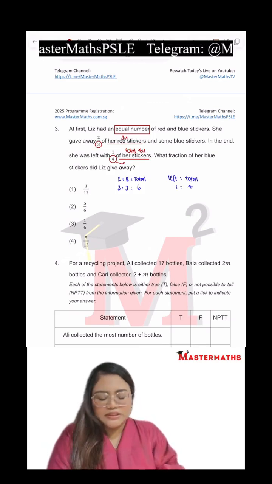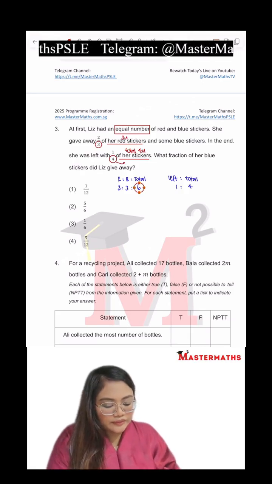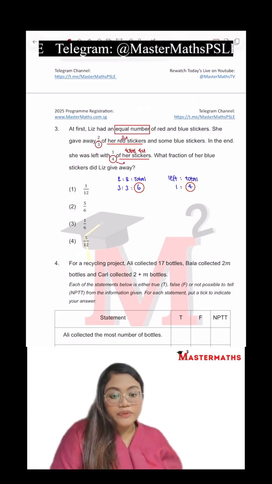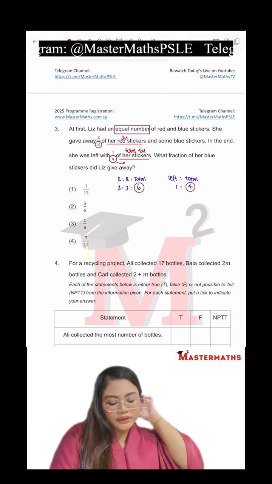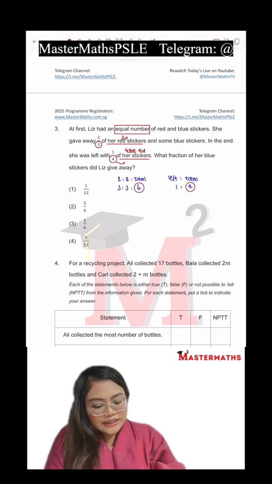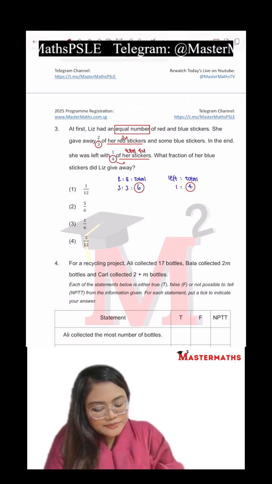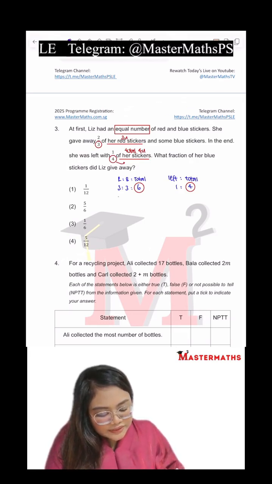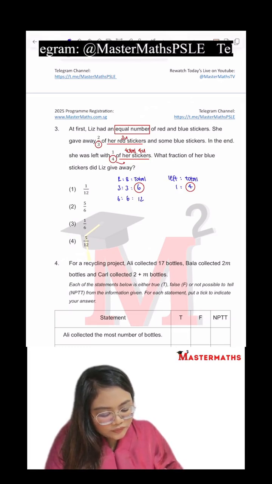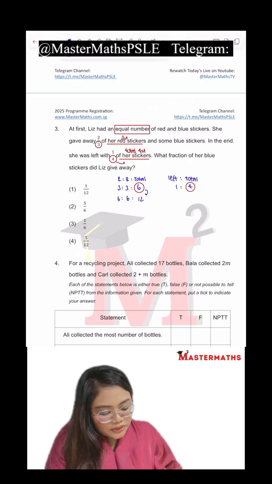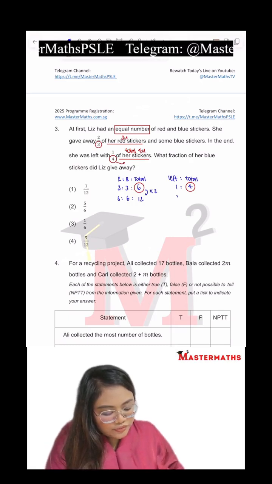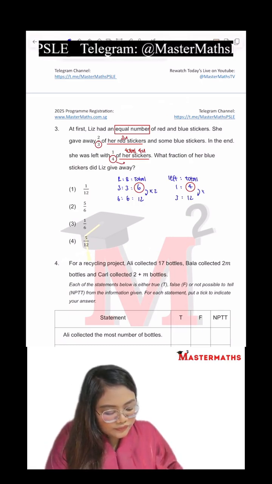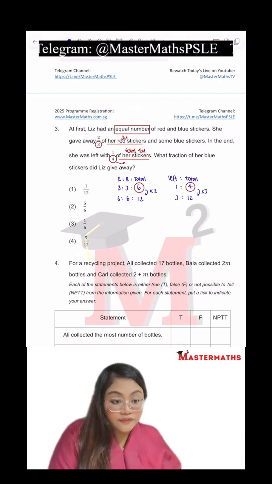But the total must not change. Constant total, right? Red, blue must not change. Therefore, I just have to make them the same. Times 2, times 2. This will give us 6:6:12. This will be 3:12. Can understand so far?